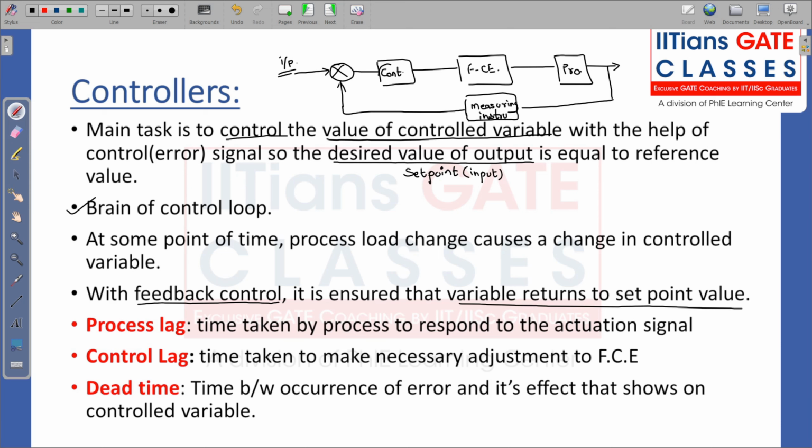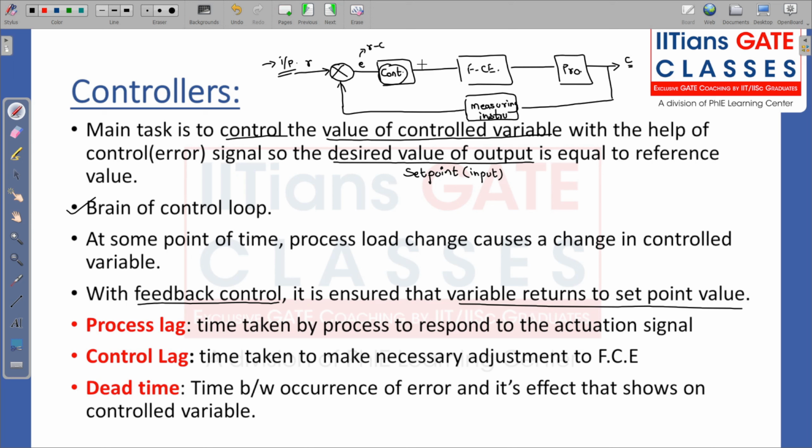The main task of this controller is getting this error, which is the difference of this R and this C, means input signal minus output signal, or the desired value of the output minus your actual output, that error signal we get.